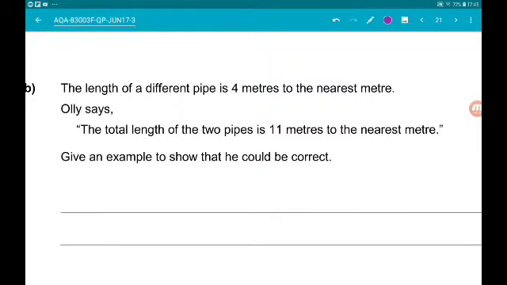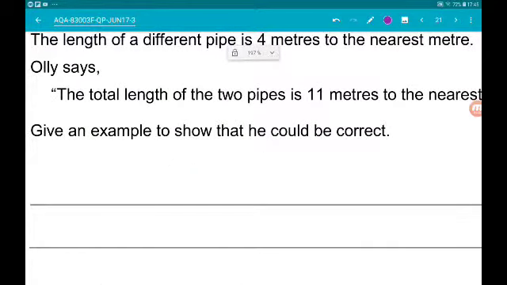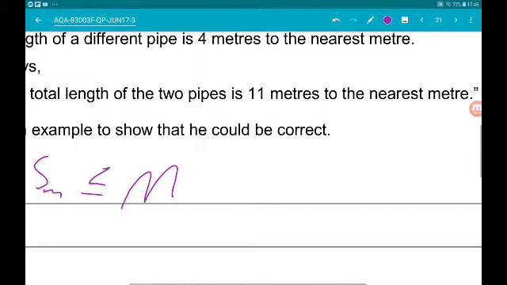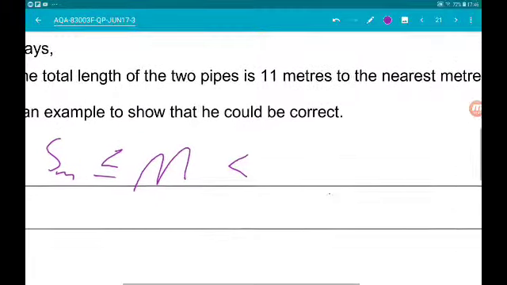Okay, so let's do the error interval for pipe 2. So we'll call the length of this one M. So the smallest length that would round up to 4 would be 3.5 meters, and for the upper bound, the smallest number that wouldn't round down would be 4.5.